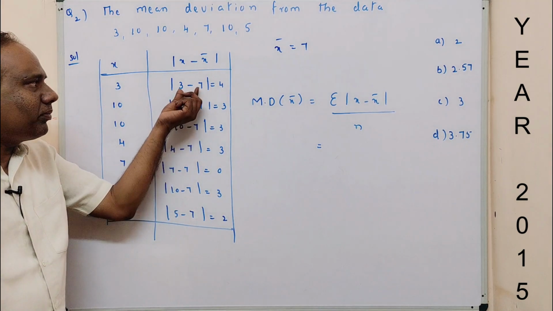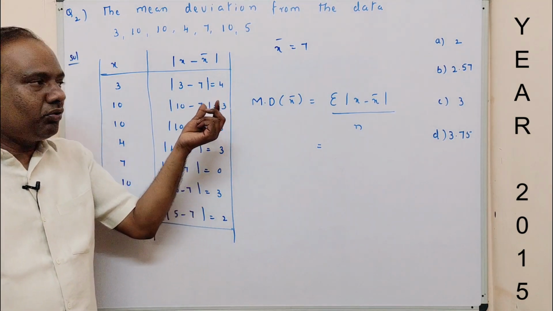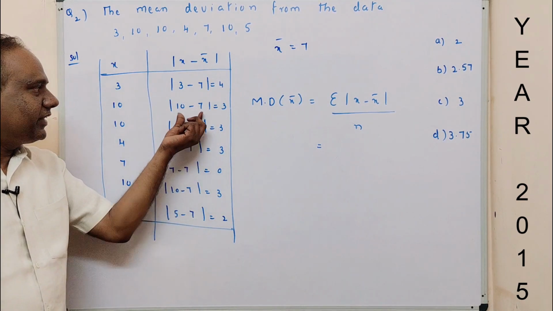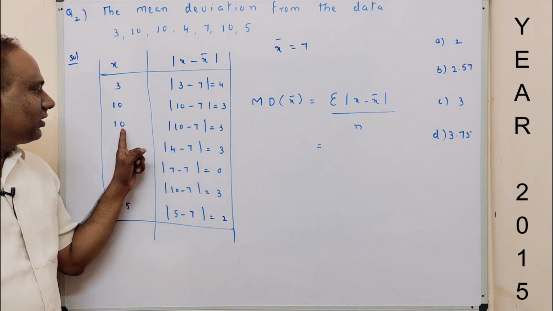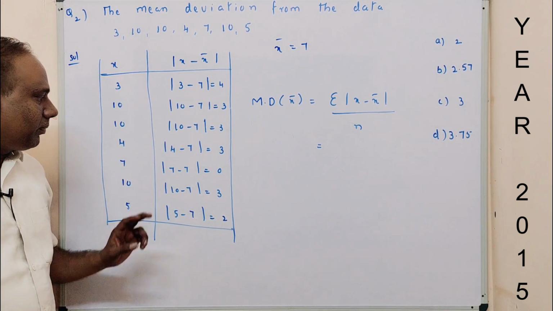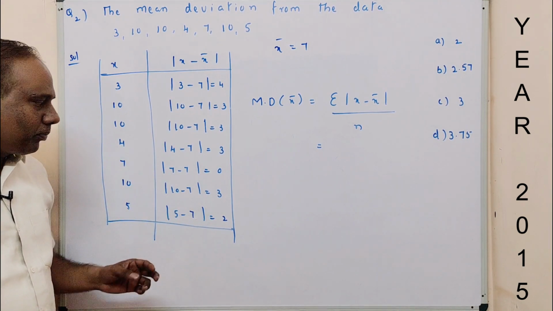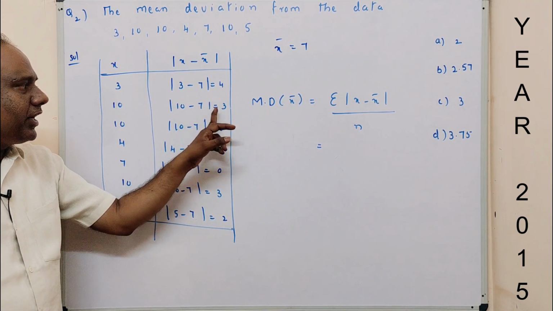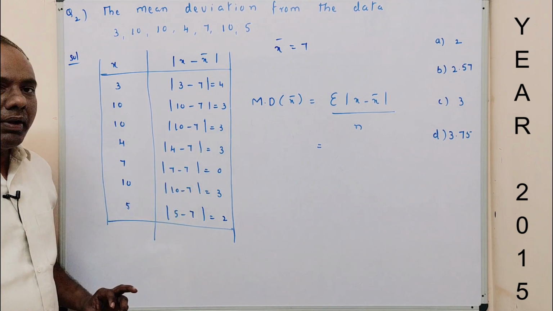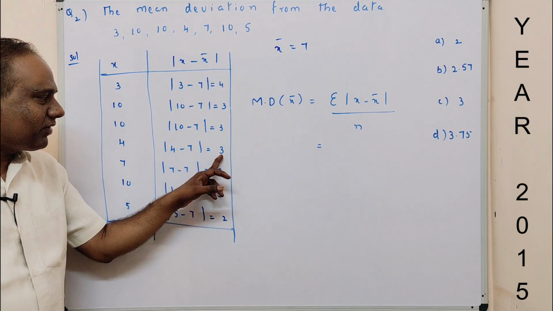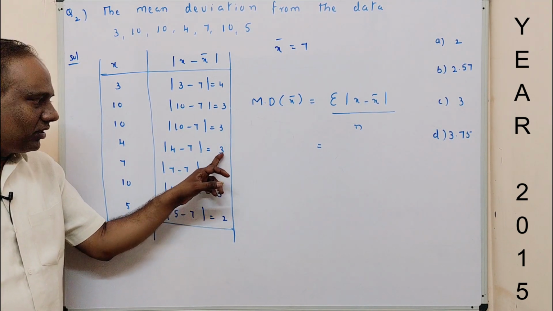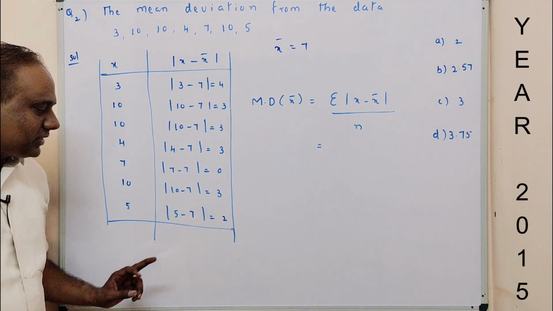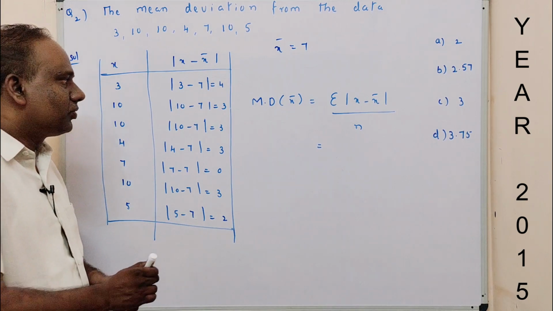Modulus of 3 minus 7 means minus 4, but it is modulus now, so you take plus 4. Like that, modulus of 10 minus 7, also modulus of 10 minus 7, and modulus of 4 minus 7. So this value is 4. 10 minus 7 is 3. 10 minus 7 is 3. 4 minus 7 is minus 3, so plus 3. Here 7 minus 7 is 0. 10 minus 7 is 3. 5 minus 7 is 2.